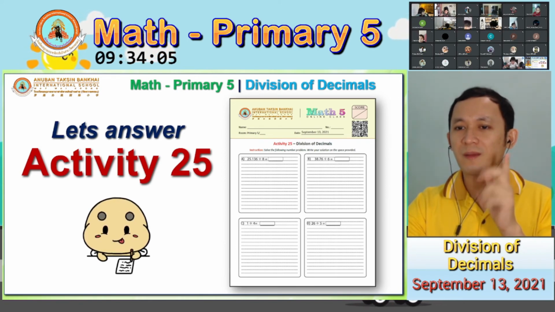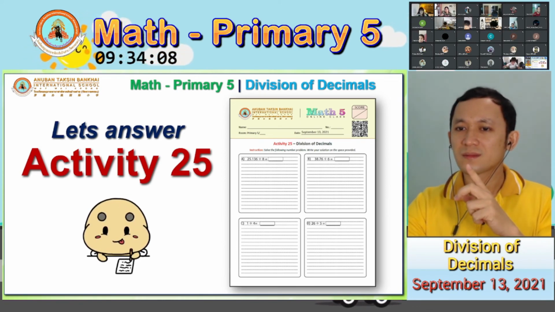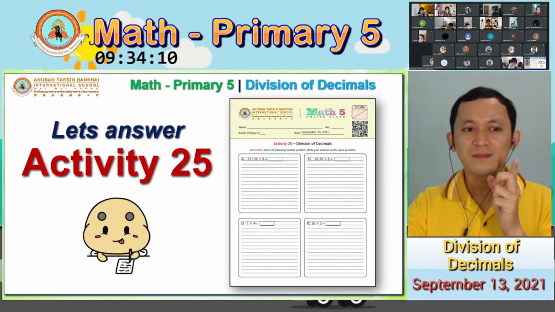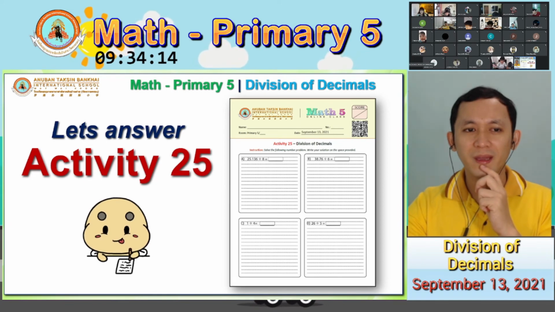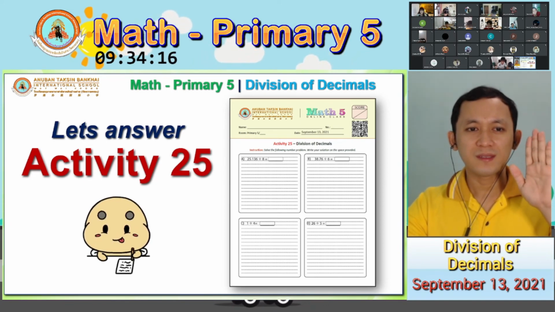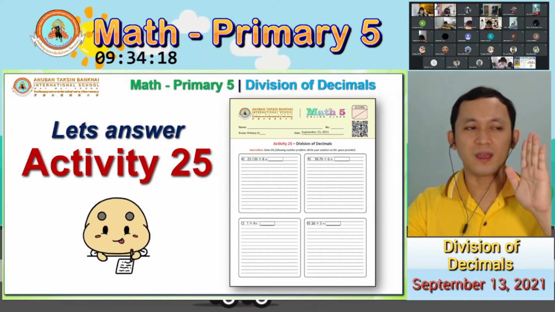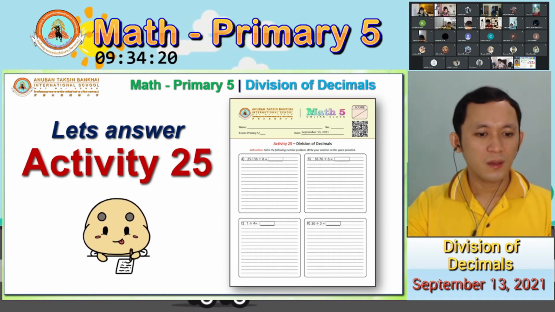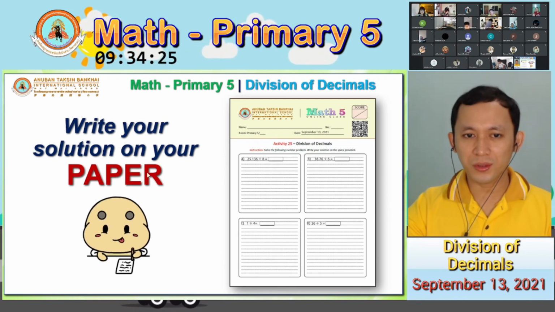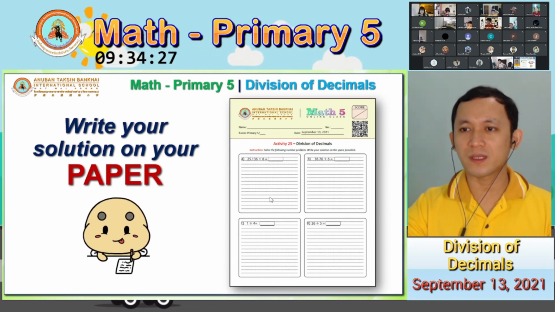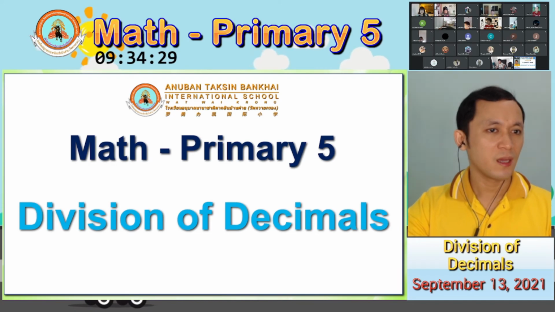No question? Are you sure, Pubet? No question. Okay. So if you don't have question, we don't have time. So again, you write your solution on the paper, activity number 25.